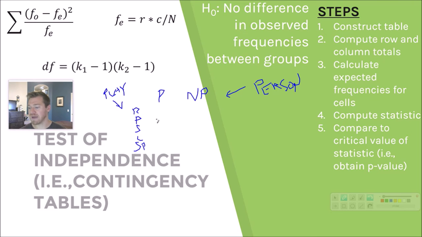Imagine you get all the tallies, and you find that physicists play rock 3 times, paper 7, scissors 10, lizard 2, and Spock 20. Physicists are clearly going to play Spock more. So you get these outcomes.